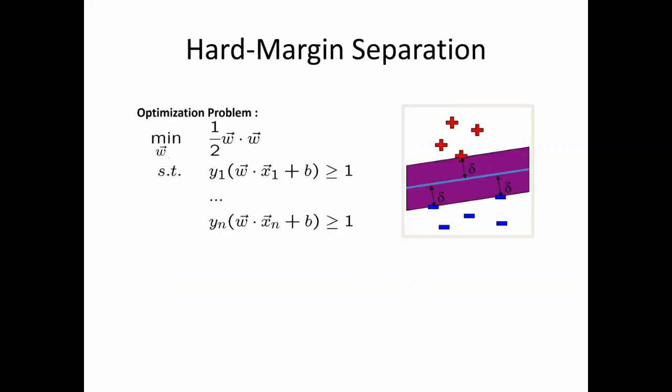What we just discussed can be formalized as an optimization problem as follows. Again, we're trying to minimize w, which is the same as minimizing 1/2 times w dot w. But it makes the math work out easier. And we're fixing the delta to a specific value 1.